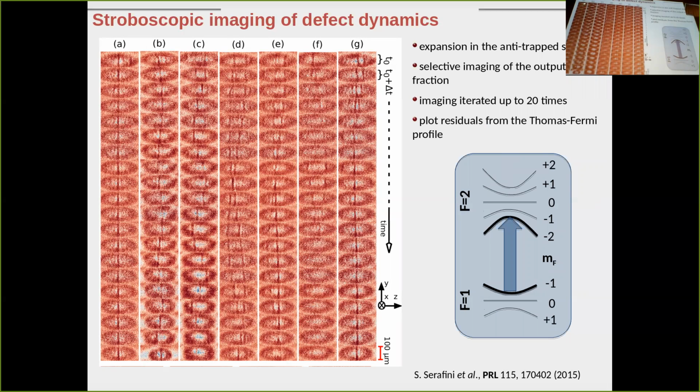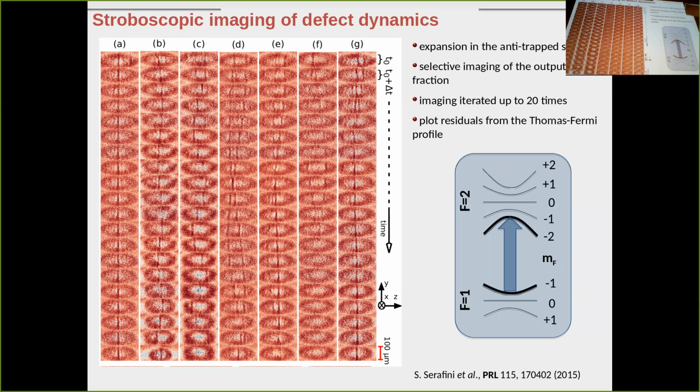Here we have 7 sequences of pictures, which should be observed along the vertical direction. So here we have a condensate that was imaged of the order of 20 times. This was one realization, this was another realization, and so on.